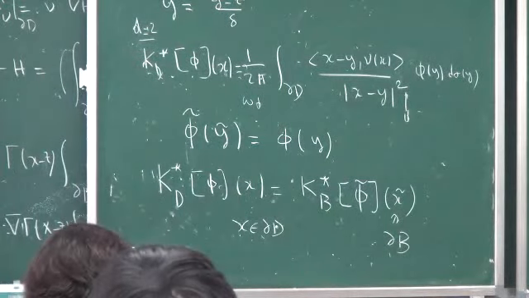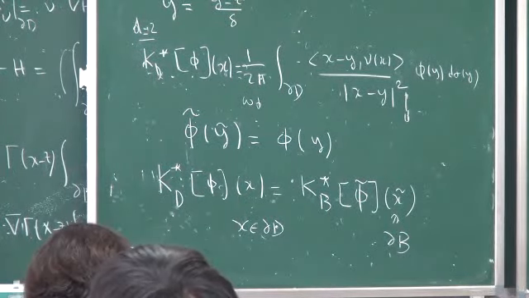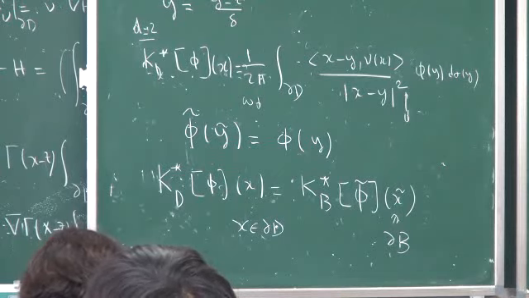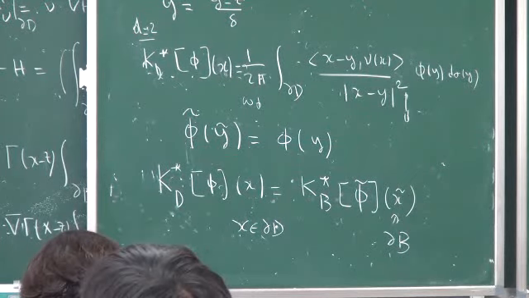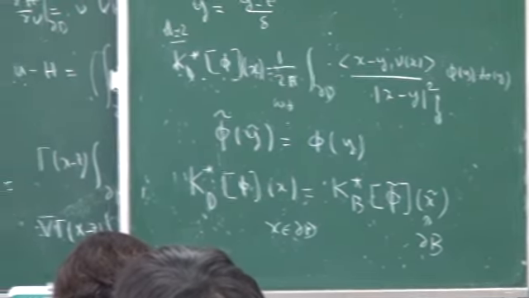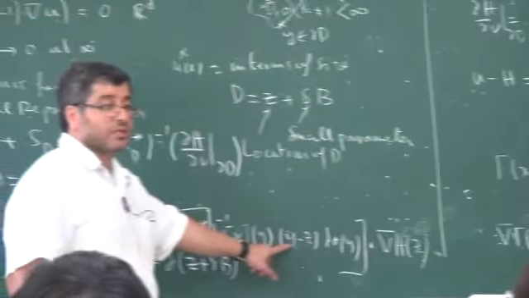Then what is left? This would give you lambda a minus k b star minus 1 of nu. The normal at b and the normal at d are the same. Just the scaling, translation. Normal is independent of translation and scaling. Then this would be the same. Now from this one you will have delta to the power d minus 1, but from this one you will have one more delta.